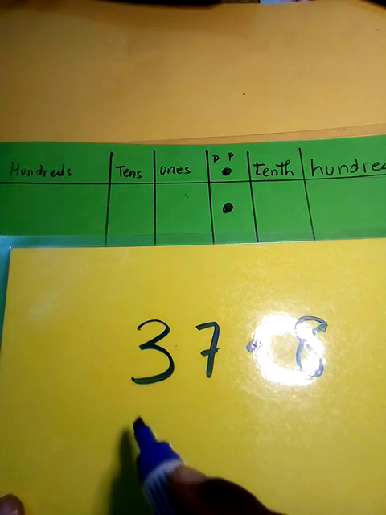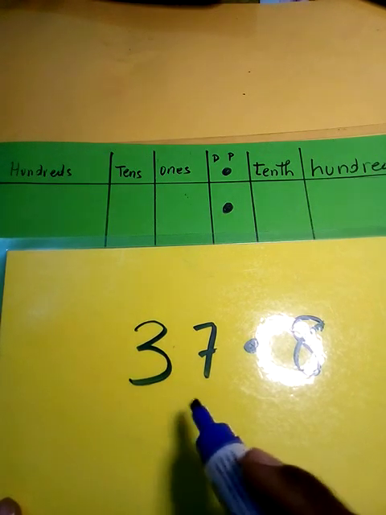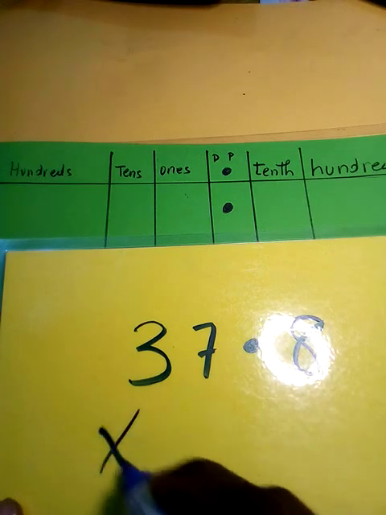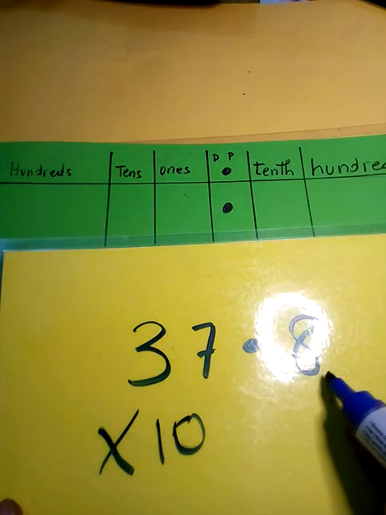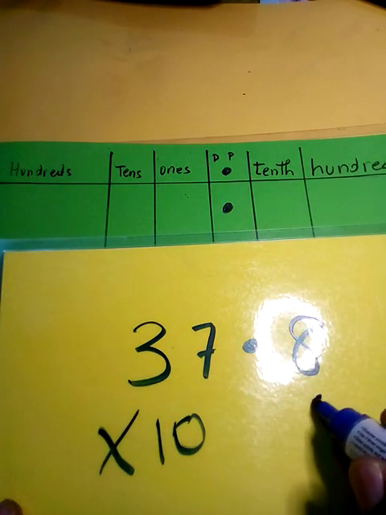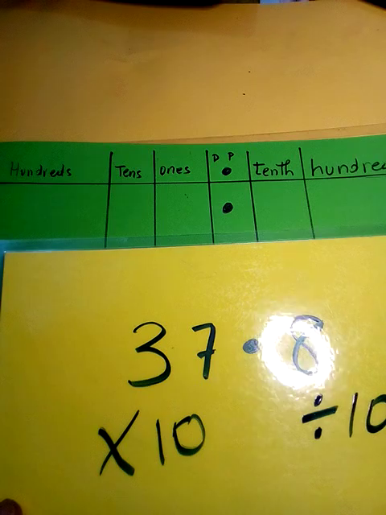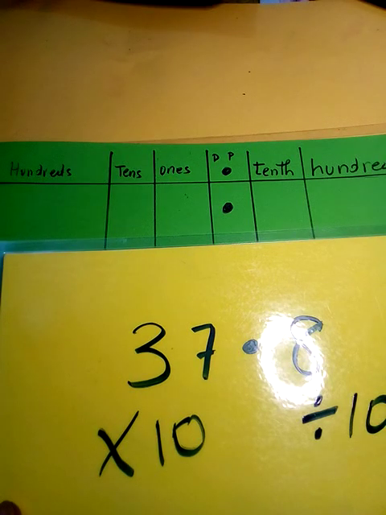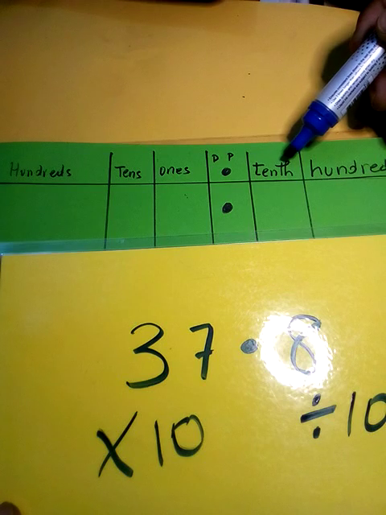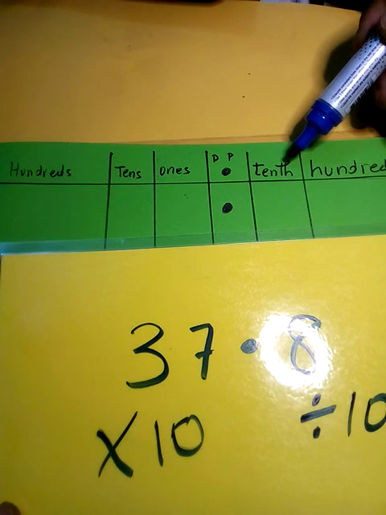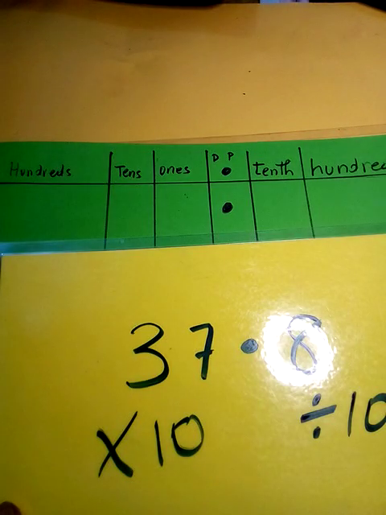We still have our whole number side where our number increases by 10. But on the right side of the point, the number decreases, which is divided by 10 in our number system. Hence, we have tenths. The place value names end with th, like hundredths.